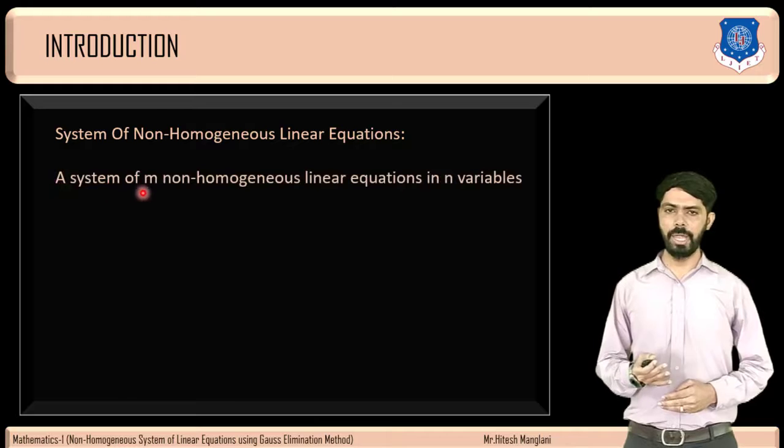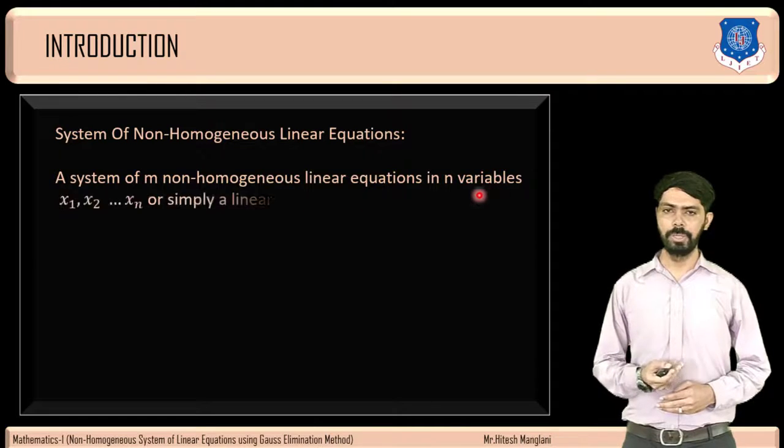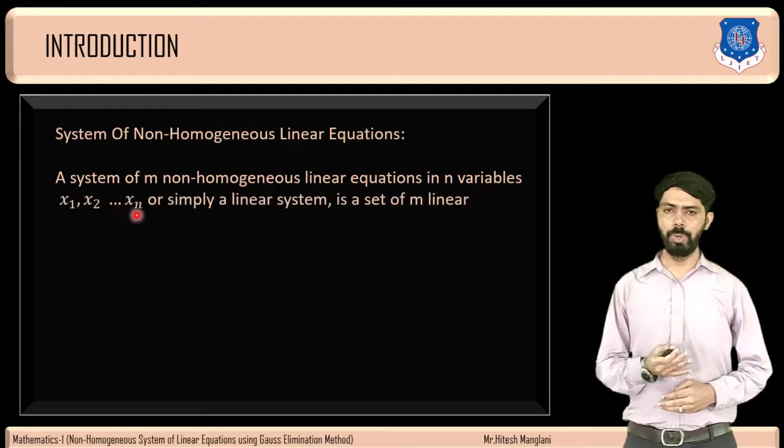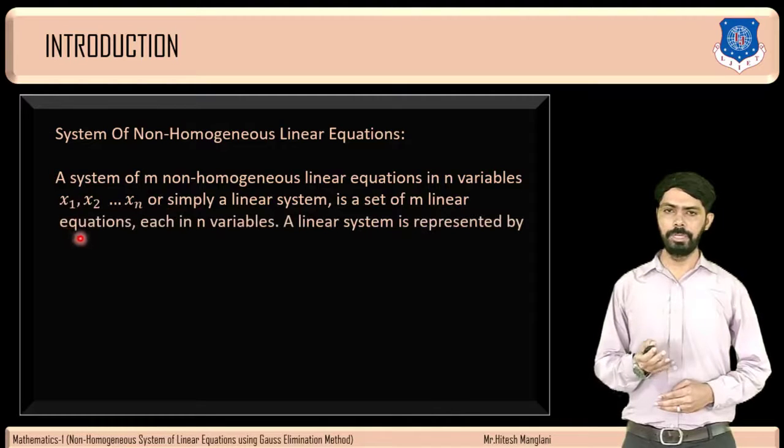A system of m non-homogeneous linear equations in n variables x1, x2 up to xn, or simply a linear system, is a set of m linear equations each in n variables.